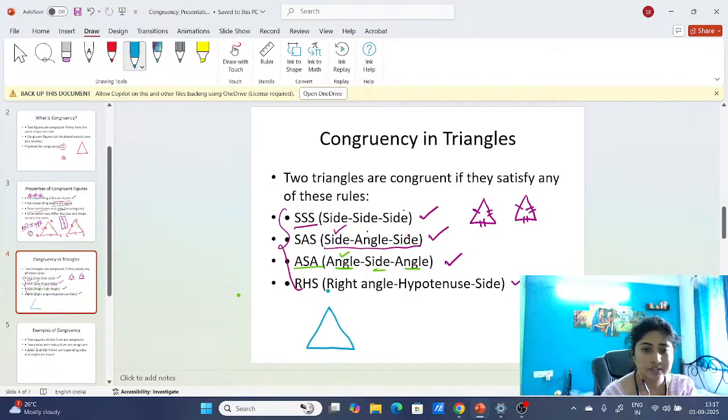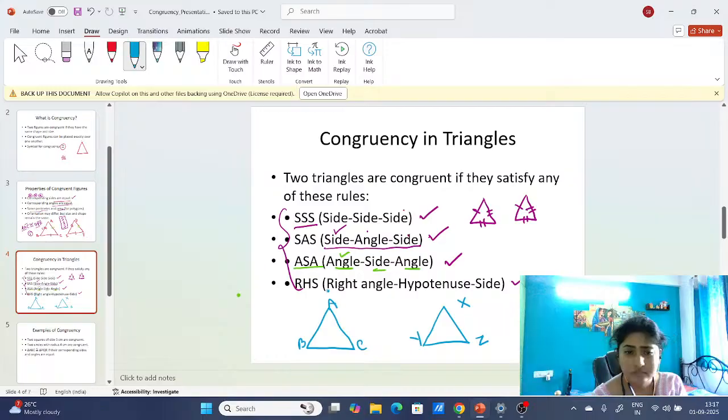ASA means we will have two equal angles and one included side. So suppose this is my ABC and this is my X, Y and Z. Suppose this angle is 50 degree, this angle is 40 degree, and this angle is also 40 degree, this angle is also 50 degree.